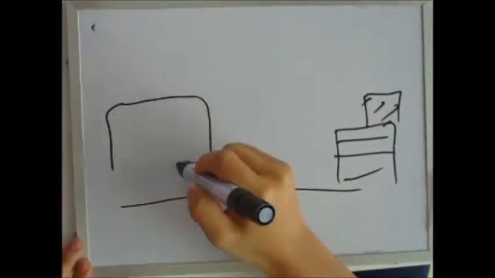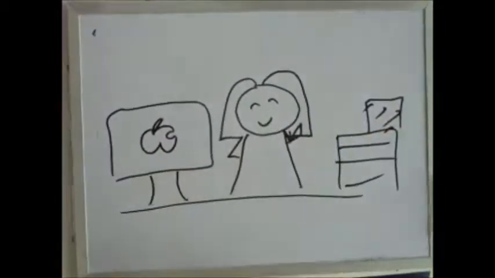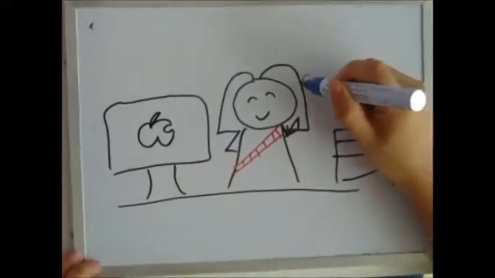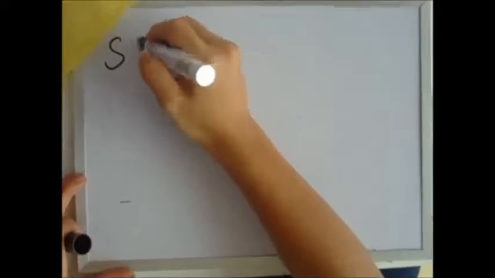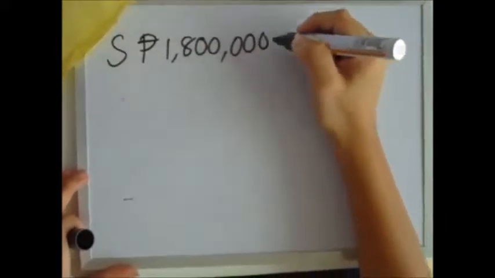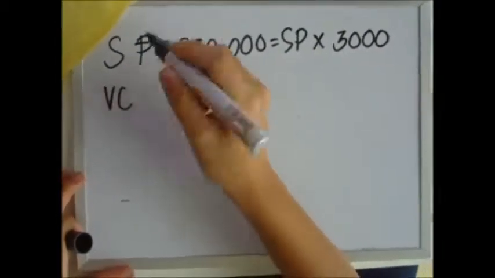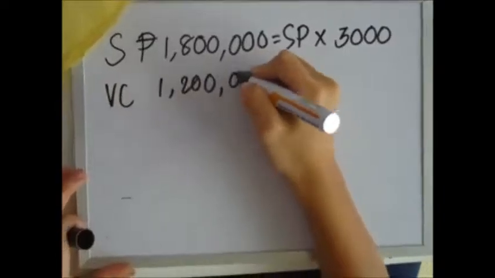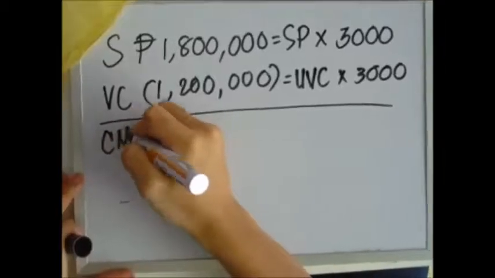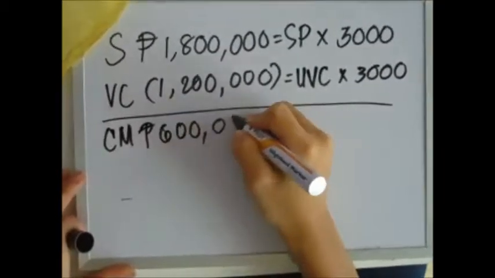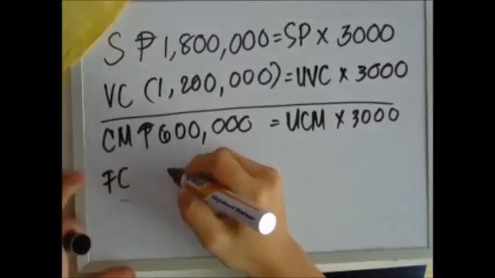Now that I have learned some basic stuff, my parents gave me an incentive to motivate me to do well in my summer job. They promised me to share 5% of the net profit. For instance, if I have total sales of 1,800,000 pesos and 1,200,000 pesos worth of cost of goods sold, I will have a gross profit of 600,000 pesos, which will then be subtracted by our operating expenses worth 400,000 pesos.